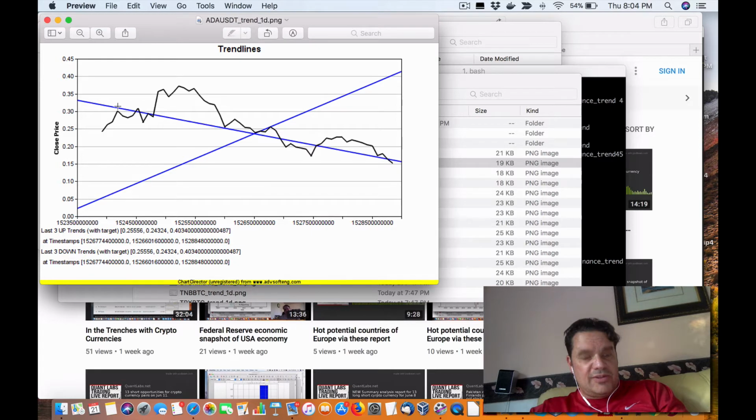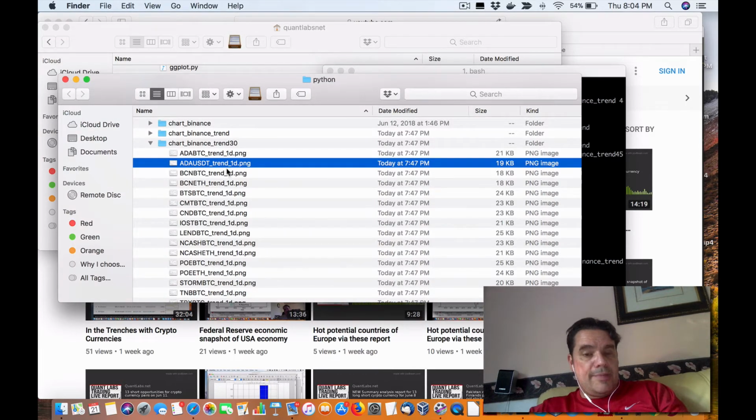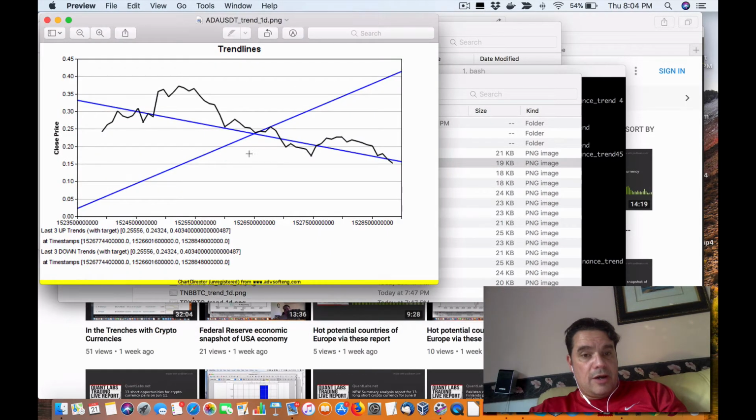So if this was to say your downtrend, this one right here, we can see we have 1, 2, maybe 3, and then it crosses down the price. And then here on the upper, we're not getting that, but if we did 1, 2, and then we would expect the price to get driven up through the upper trend.